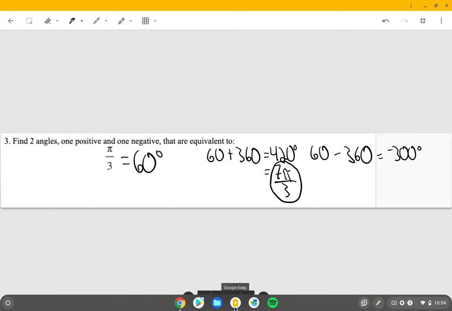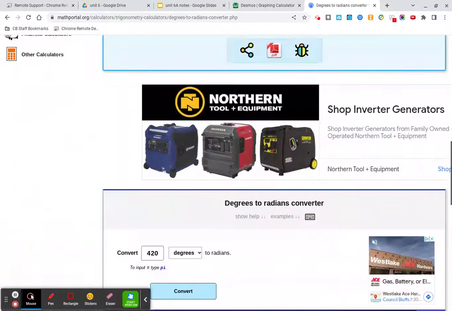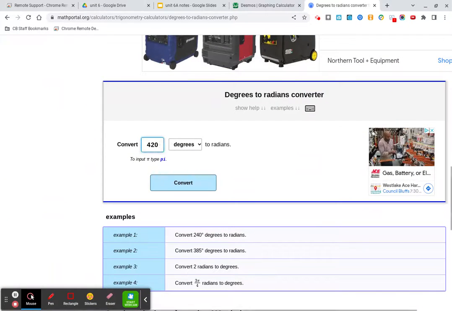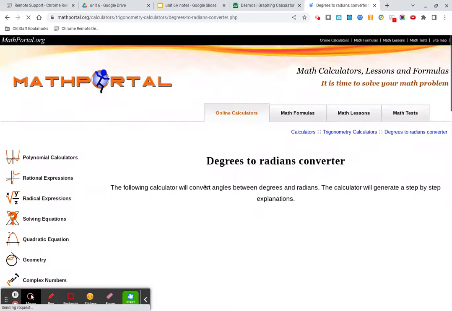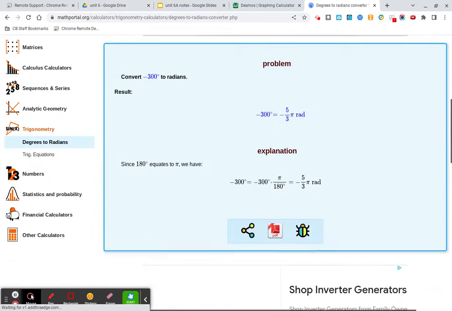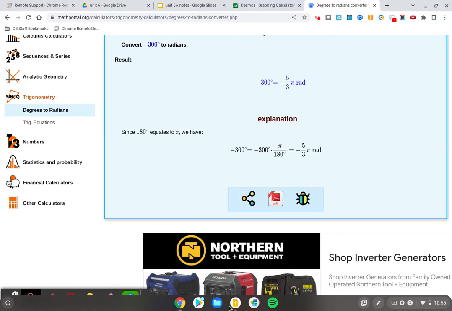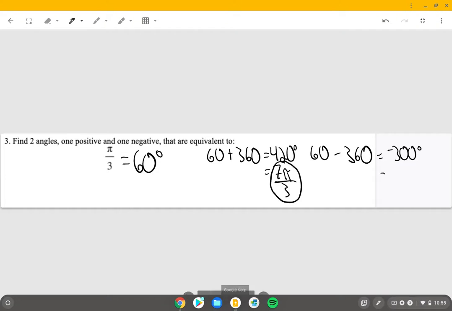And now we also want to convert negative 300 degrees to radians. So we'll do the same thing. Convert negative 300 degrees to radians, and we get negative 5 pi over 3.